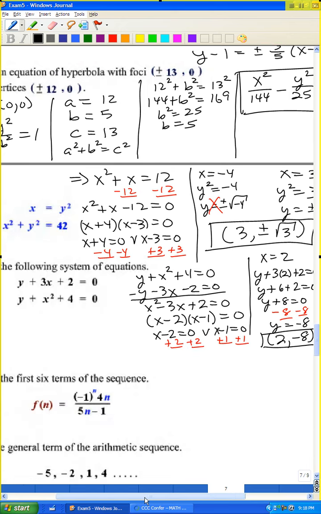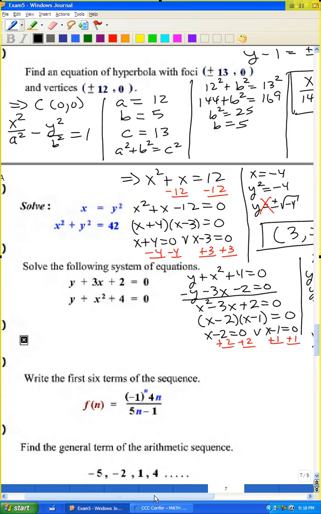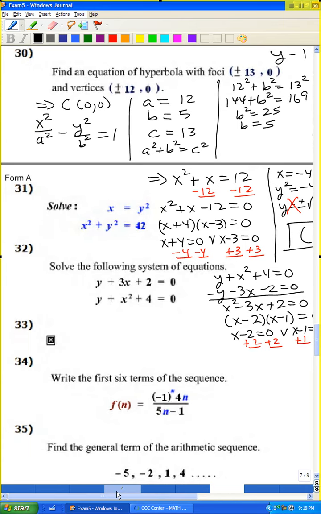Okay, so one second. Let me try to figure out what problem number 33 says. It's going to take me a second here. I'm going to have to figure out what problem 33 is.